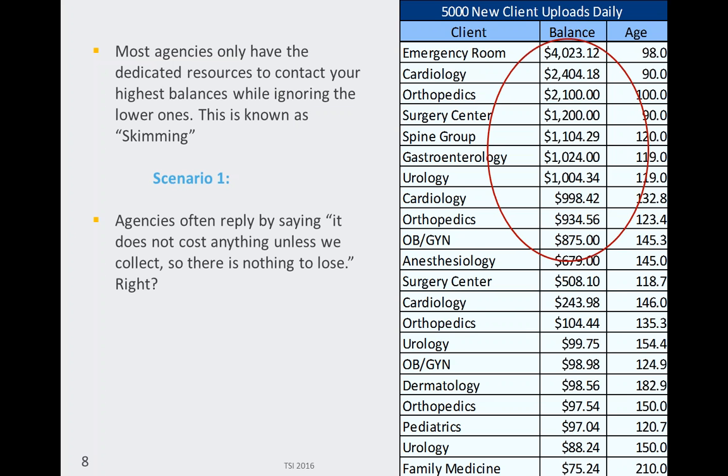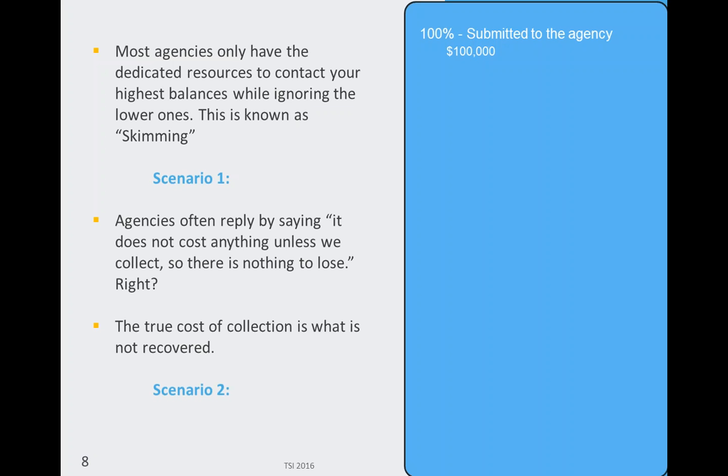Now agencies often reply by saying, "Well, it doesn't cost anything unless we collect, so there's nothing to lose, right?" Well, in reality, the true cost of collection is what's not recovered. So in scenario 2, you transfer $100,000 in balance value to an agency over the course of a year.